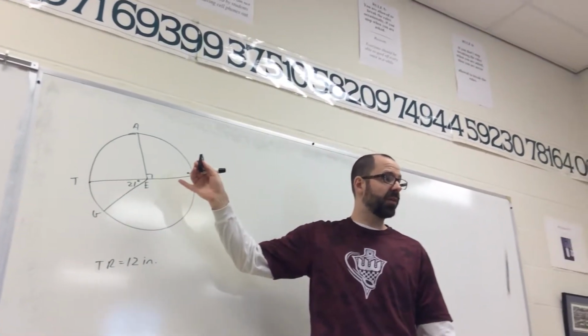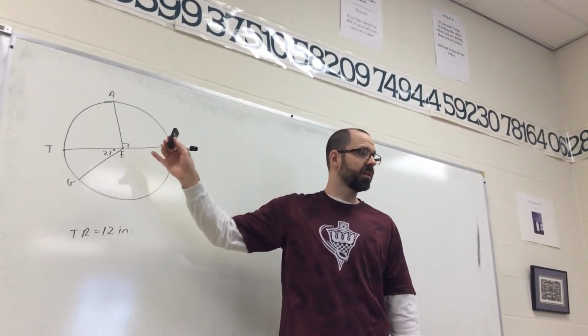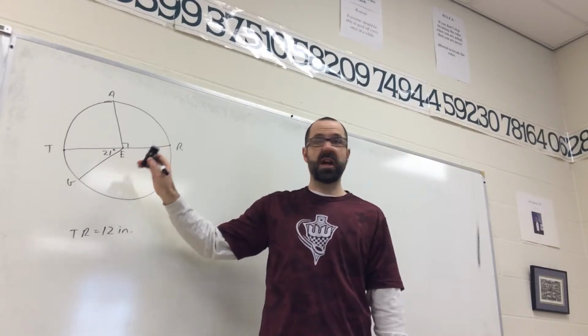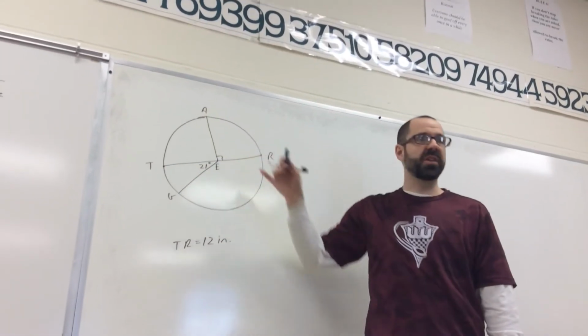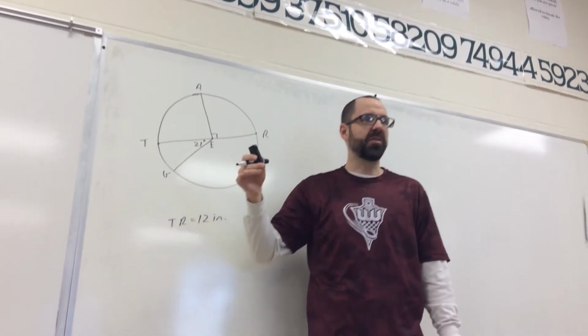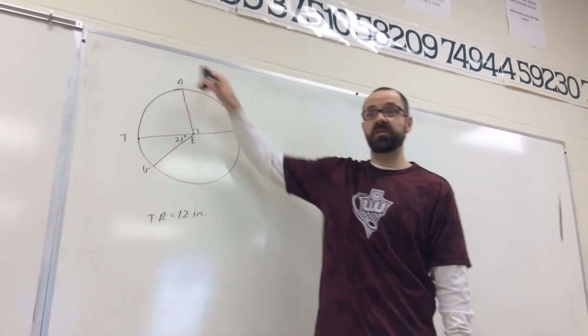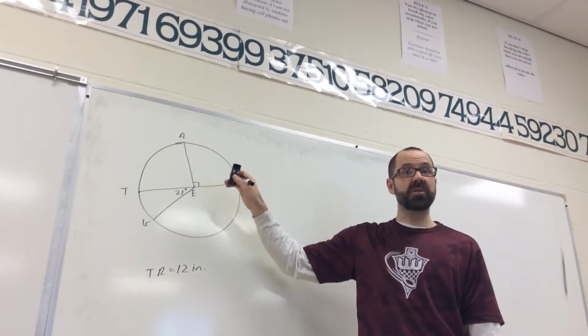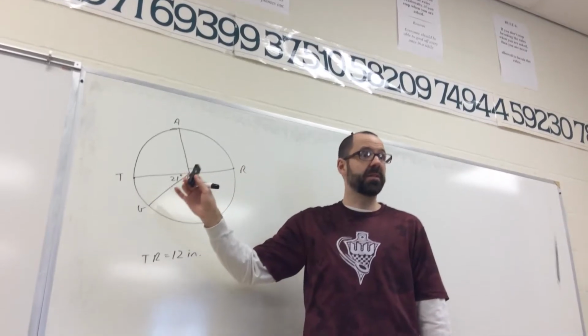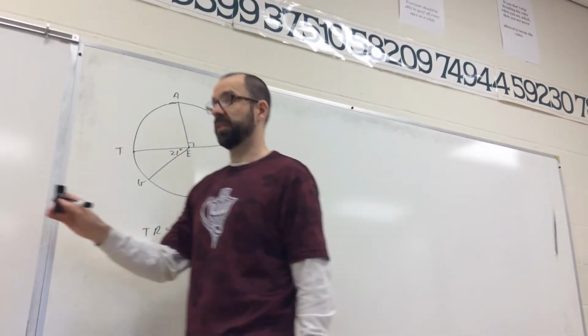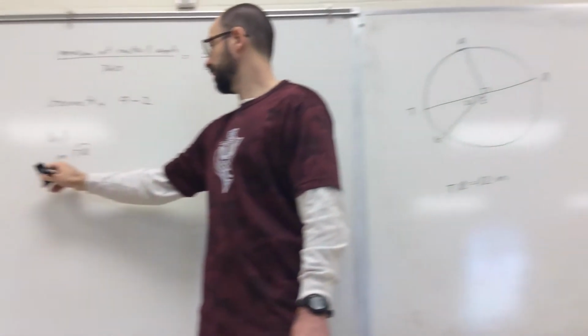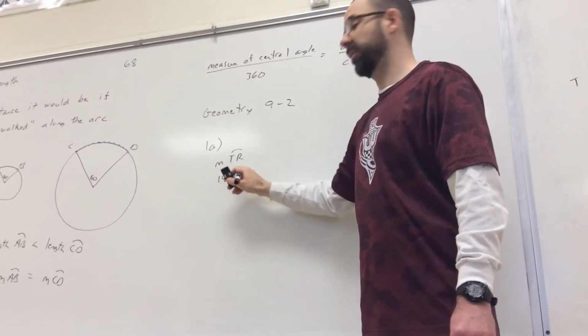Good, because that's half the way around. So TR in this particular picture happens to be half of the circle. That's called a semicircle, right? We learned that term yesterday. So this is a semicircle. And so since it's half the circle, that means it's 180 degrees. Because all the way around is 360. Okay, so the measure of TR is 180 degrees.